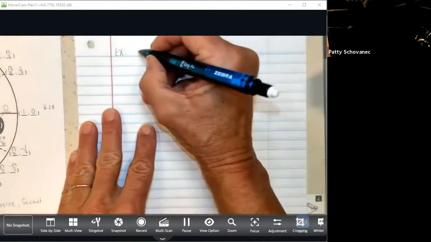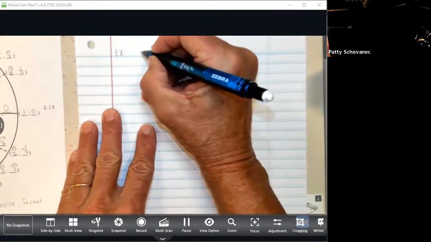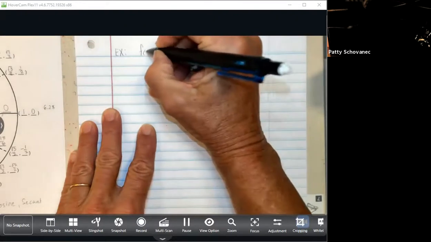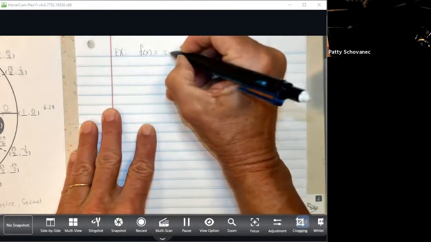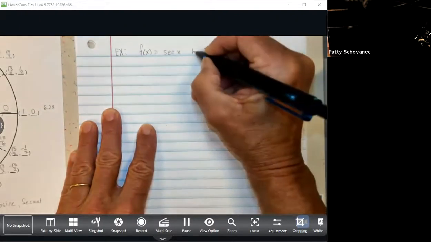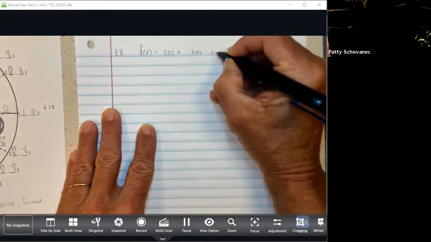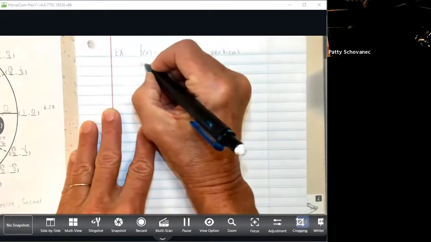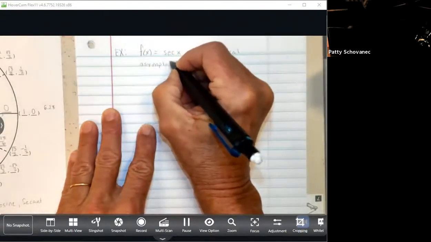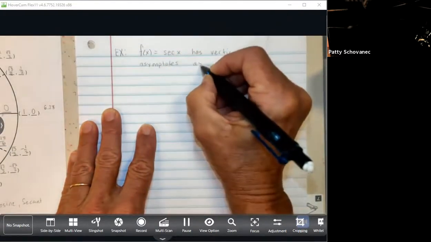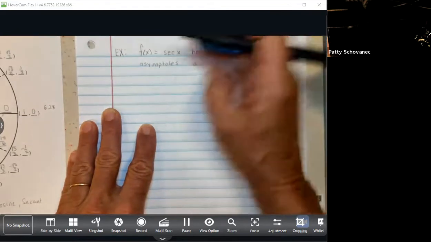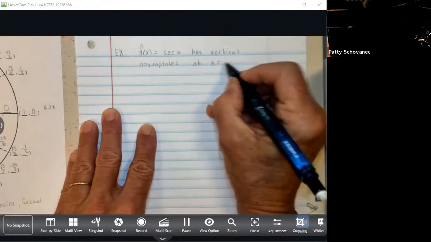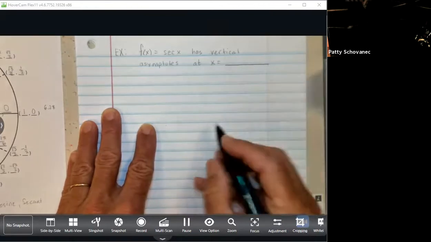Okay, so we know that f of x is equal to the secant of x has vertical asymptotes at x is equal to, so we're going to fill that blank in.